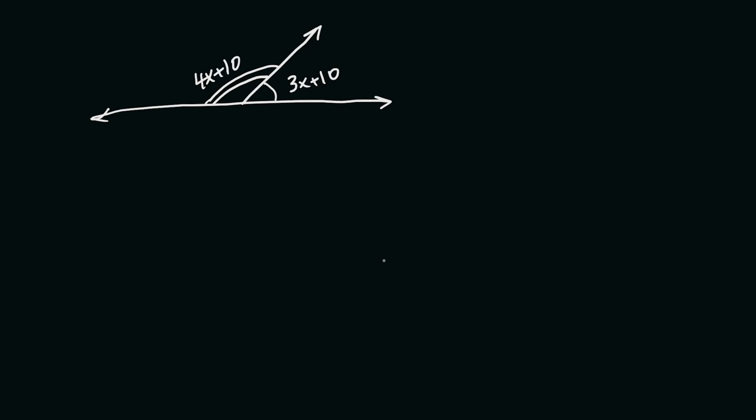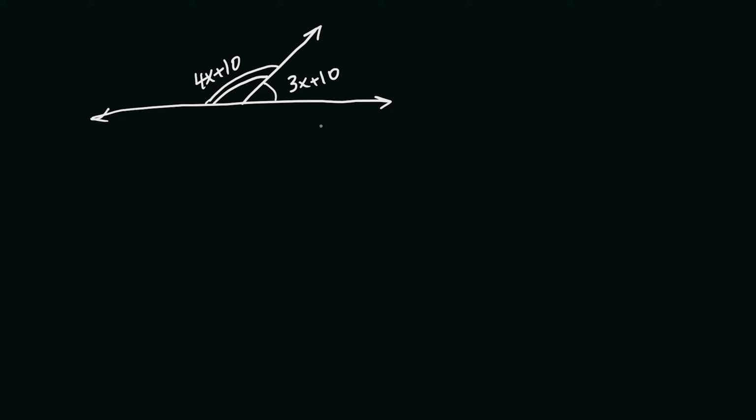All right, so in this case, we have two angles. Our first angle is 4x plus 10, and our second angle is 3x plus 10. So now we're going to try to find each of the angles here. But we do know that it's on a horizontal line, and that line is 180 degrees.